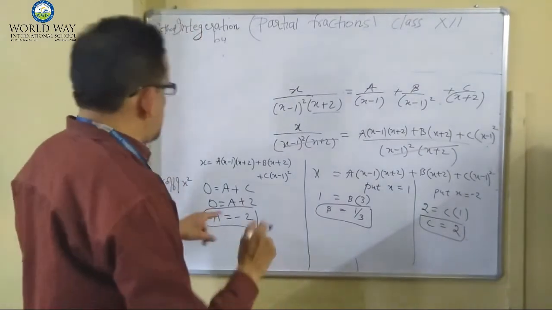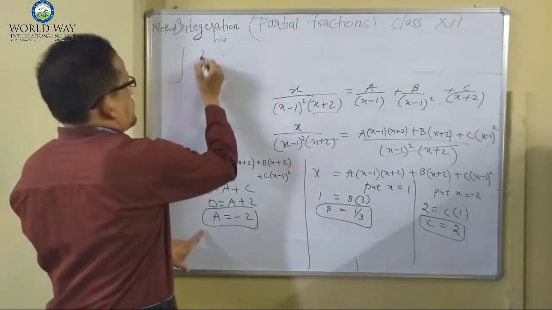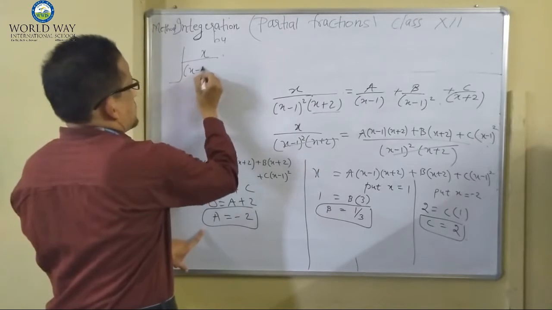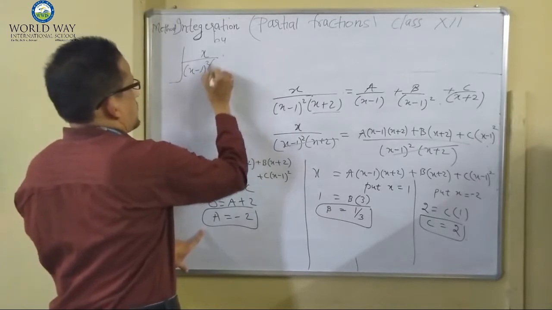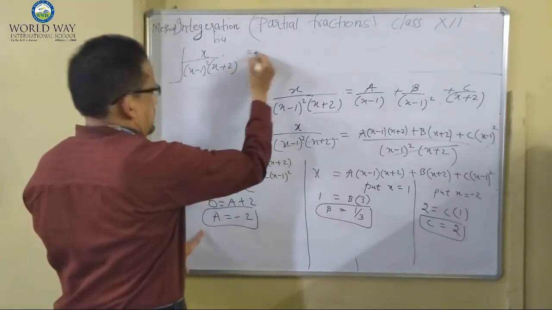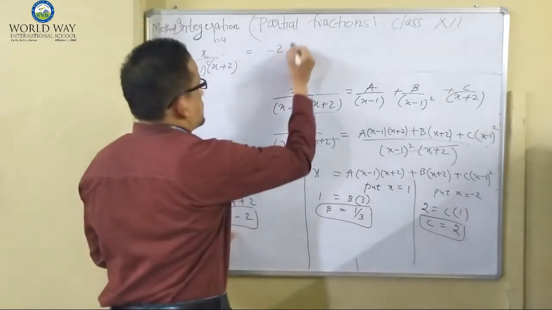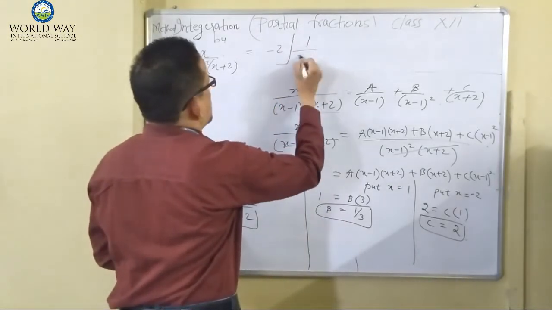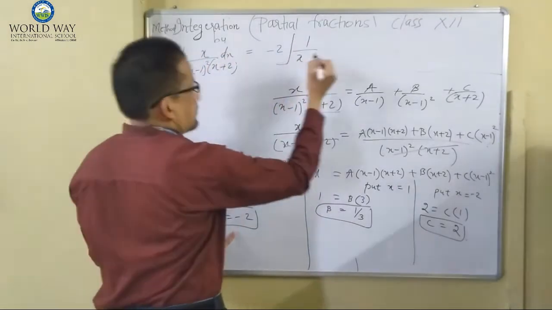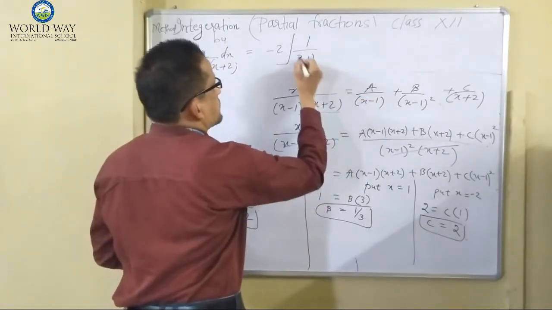I am putting the value here. Integration of x upon (x minus 1) whole squared (x plus 2) is equal to, what is a? Minus 2 integration of 1 upon x minus 1.